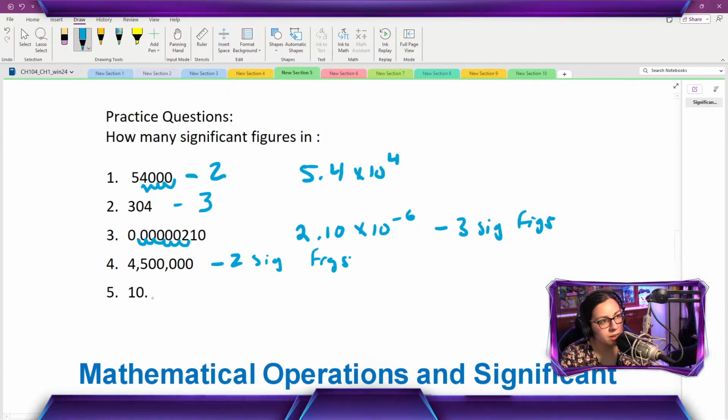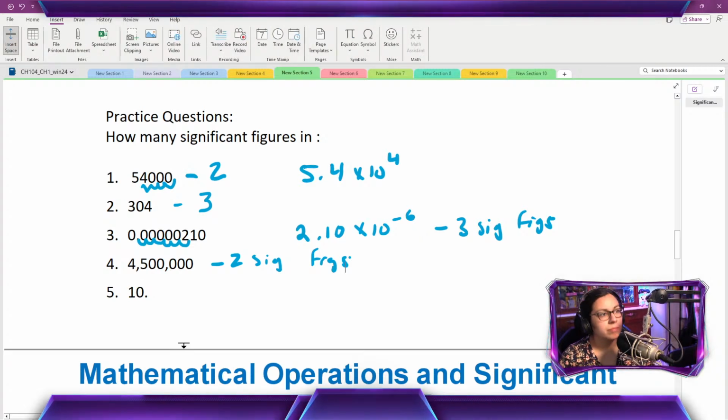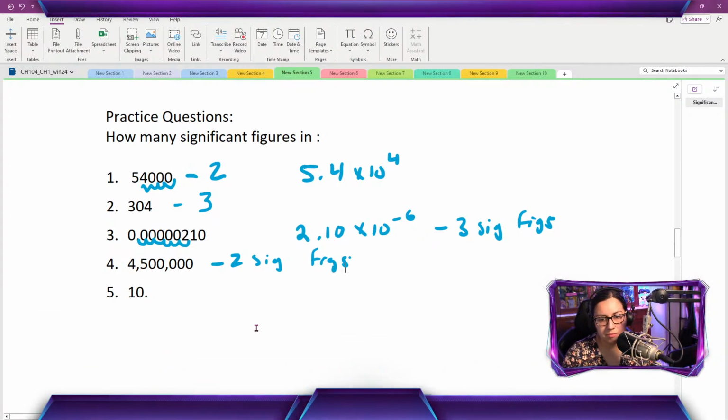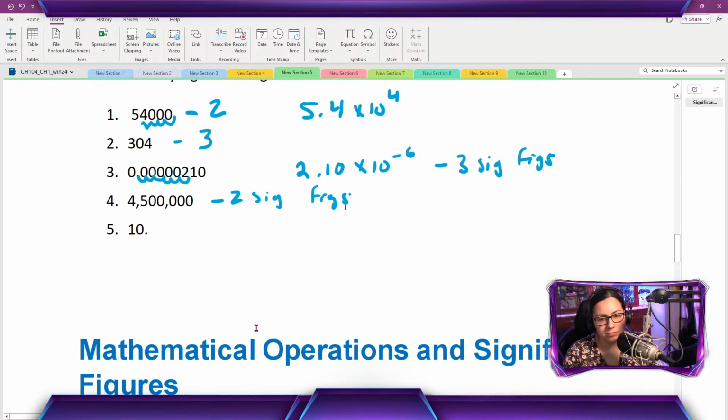So it says 10, there's a little period after. And sometimes you see this in textbooks, which is also why I bring it up. So how many sig figs? And so if you were thinking 2, you would be correct, right? And so this is weird.